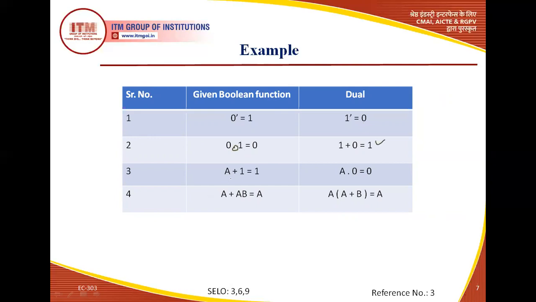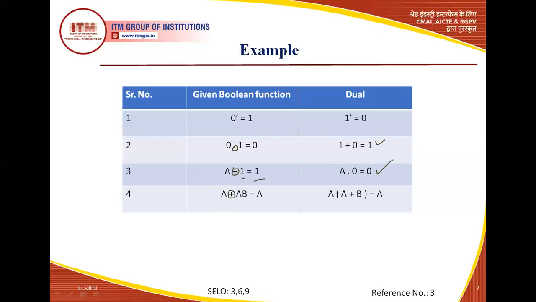Similarly, if we write A plus 1 equal to 1, it can be written with the variable staying the same, A, plus will be changed to dot, and 1 will be changed to 0. Okay, so it can be written as A dot 0 equal to 0. Similarly, if the function is written as A plus AB equal to A, plus will be changed to dot.